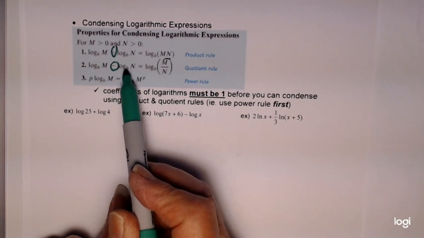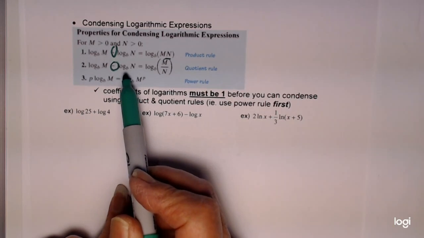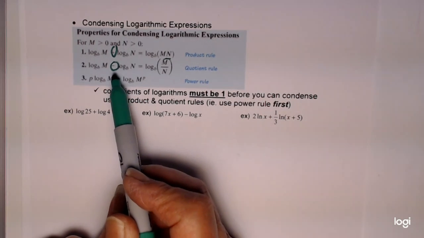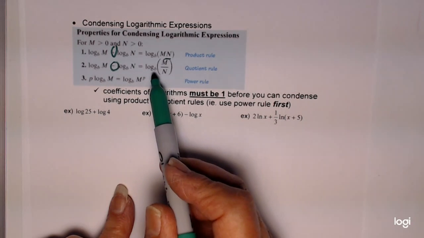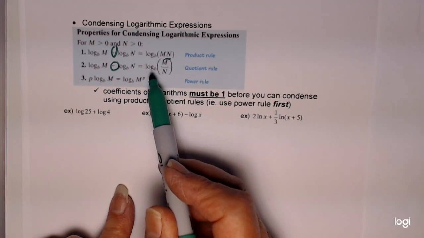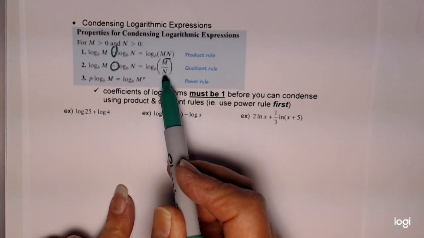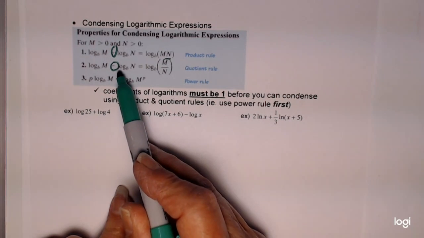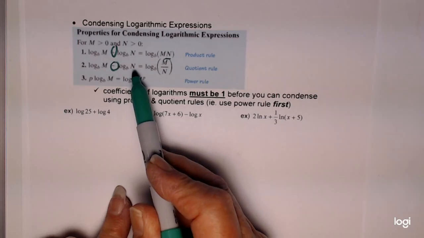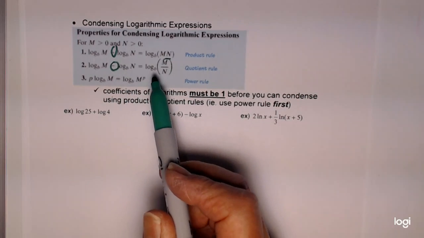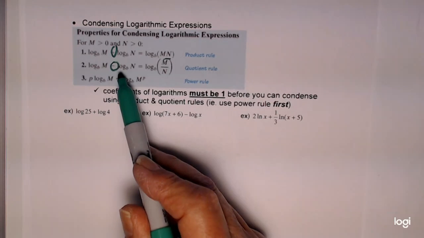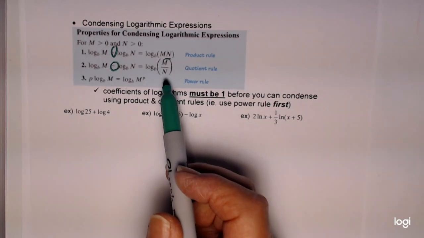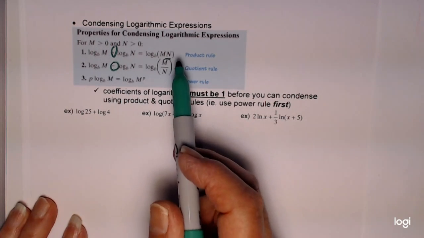If we have two independent log statements joined by a subtraction symbol, that implies division. When we put them together into one log statement, there will be a division. Notice that the log information that comes after the subtraction goes into the denominator. So any log statement after subtraction goes in the denominator, and the rest will be in the numerator.